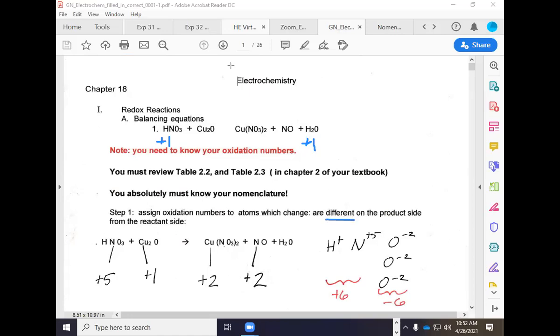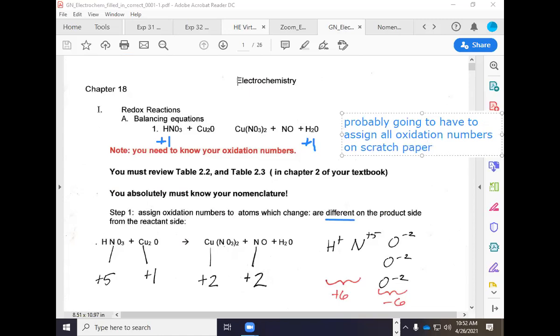Okay, so what you guys are probably going to have to do is assign all oxidation numbers on a piece of scratch paper. So this is the way you would approach it: you would assign all oxidation numbers on the scratch paper, and then we're going to focus on the ones that change.